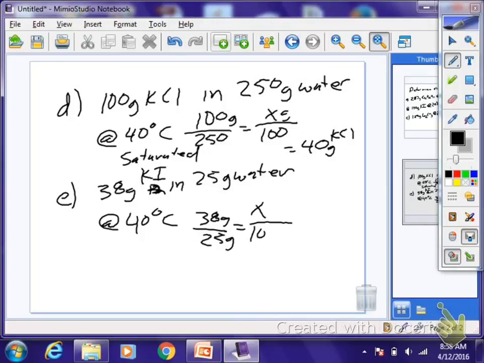Okay. So what would your answer be? 152. So is that saturated, supersaturated, or unsaturated? Unsaturated. What can it hold? 162. Okay, 162. So this would be unsaturated. Okay, questions?